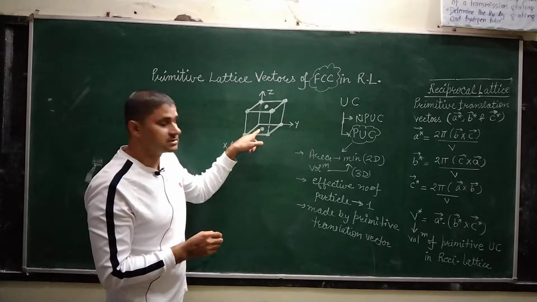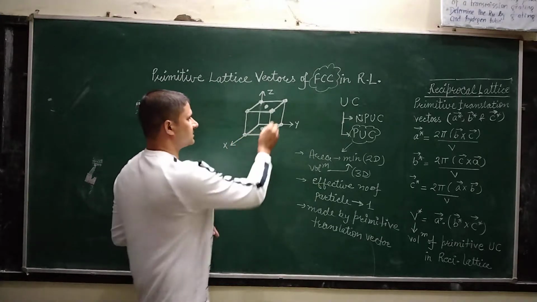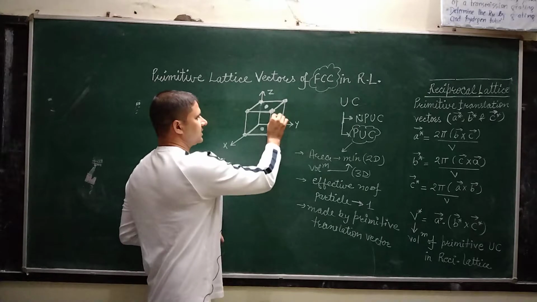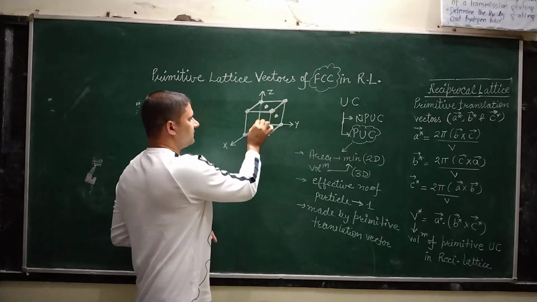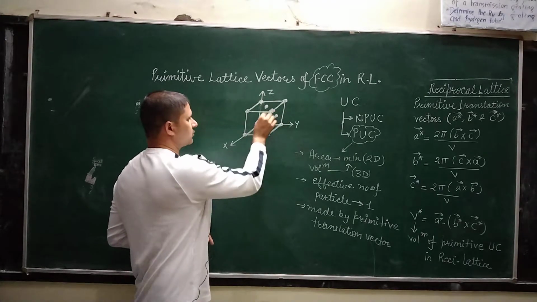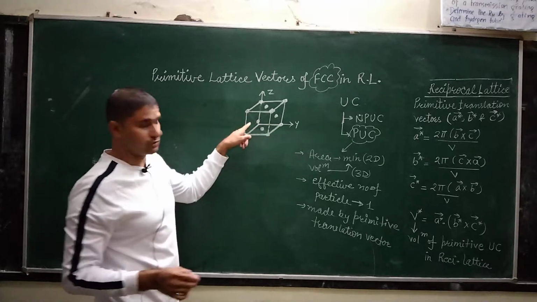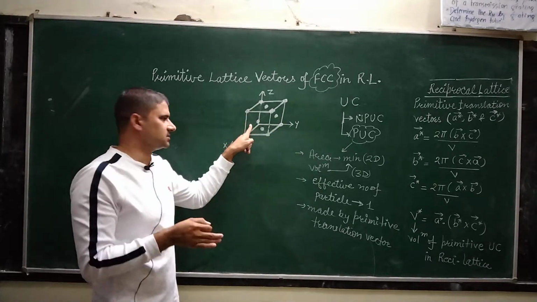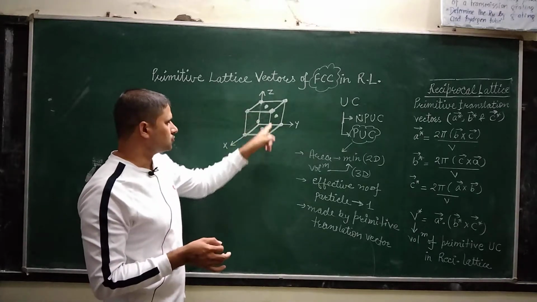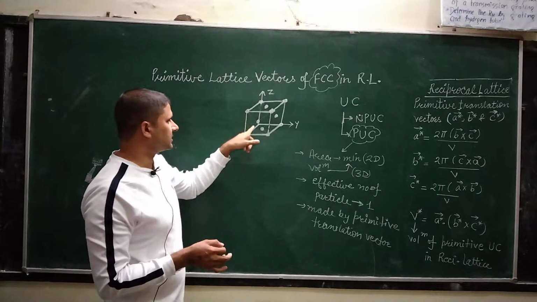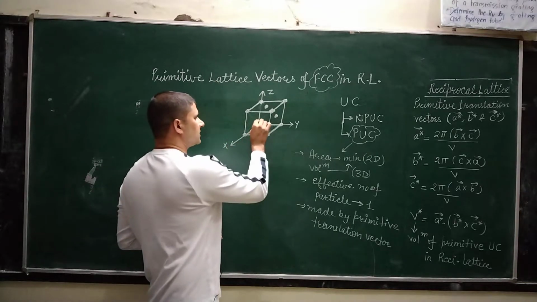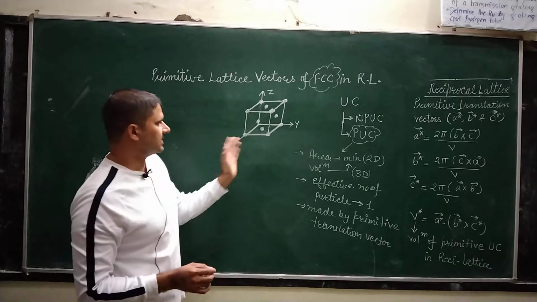So a particle is placed here. In the same way, here a particle is there, and on the front face a particle is there. You can find the position of the center of the face by taking the cross of the diagonals. So the intersection point of the diagonals will be the center of the face.